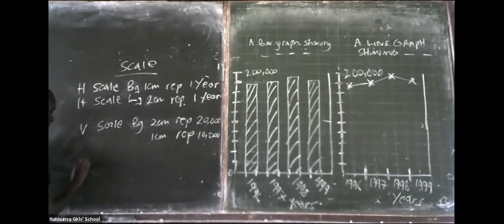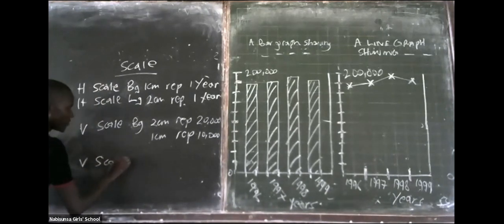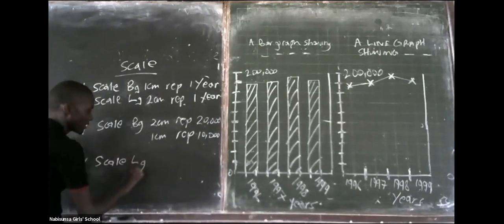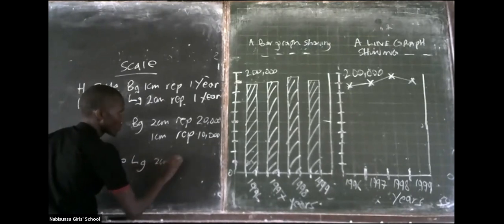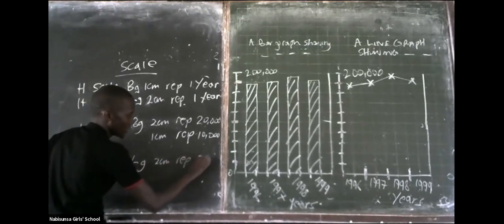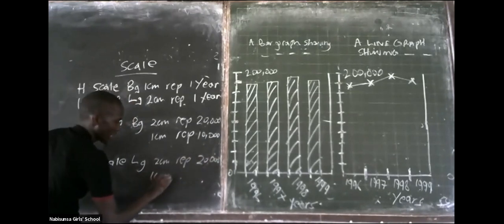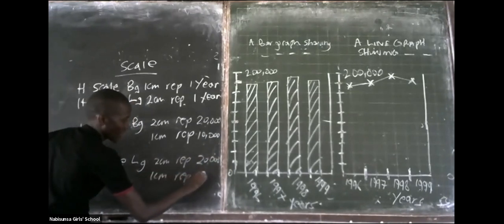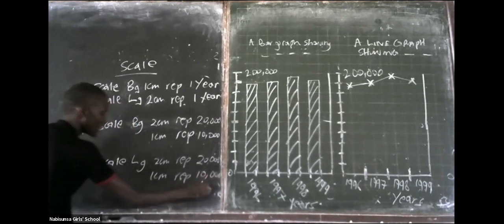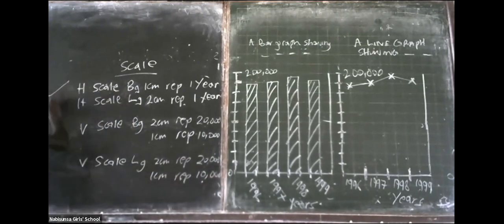Then also here the vertical scale for the line graph is going to be 2 centimeters, also representing 20,000. Or you can say 1 centimeter representing 10,000. It's okay. The representation is going to remain the same.